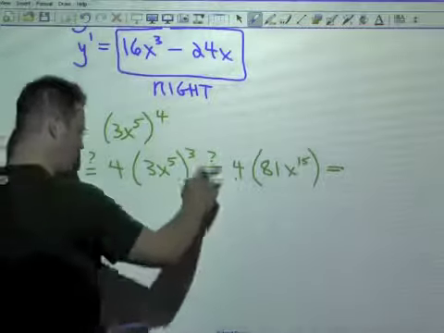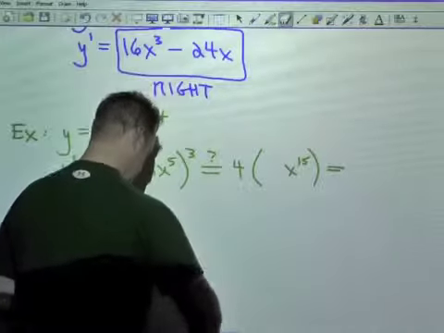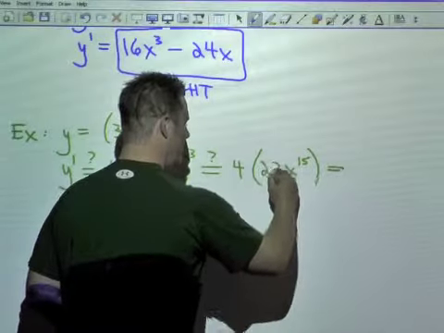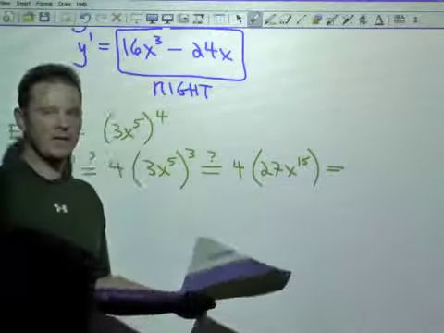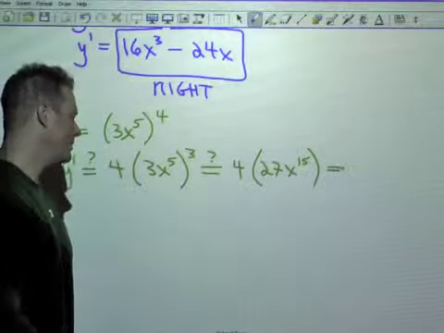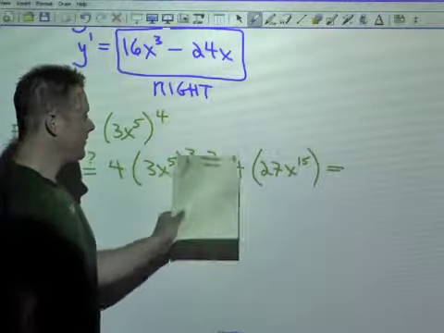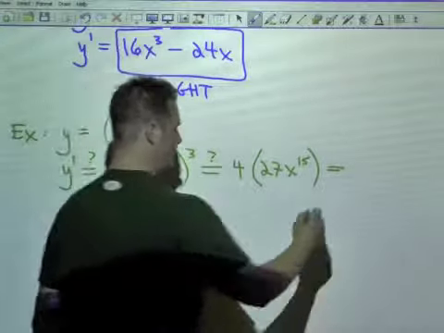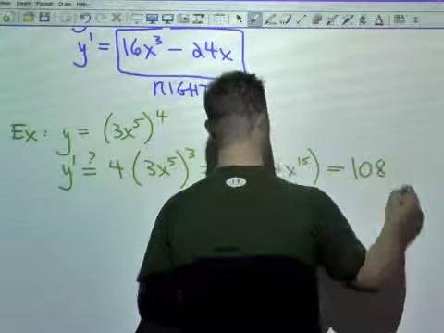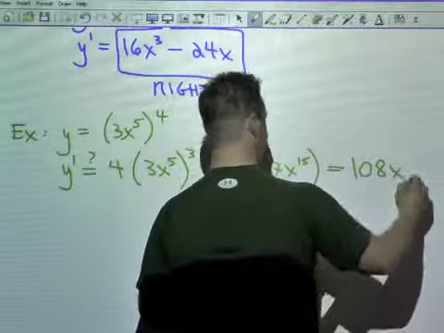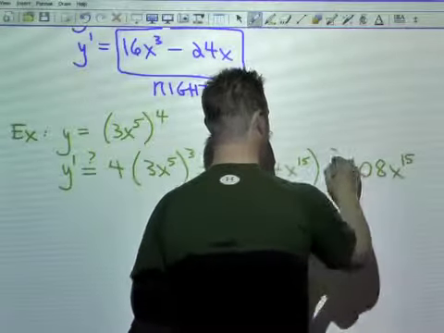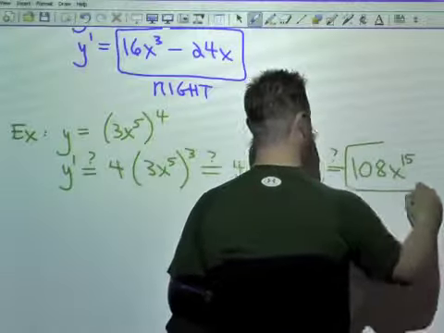Oh, I know, 3 cubed is 27. See, I need you guys here. When you're not here, I make mistakes, and I got no one telling me I make mistakes. Okay, so that's 27 because 3 cubed is 27. Duh. So now 4 times 27 is 108 x to the 15. Okay, so again, the question is, is that right?